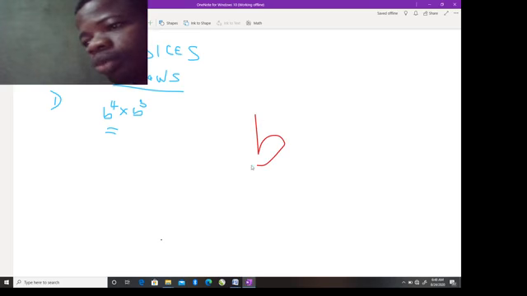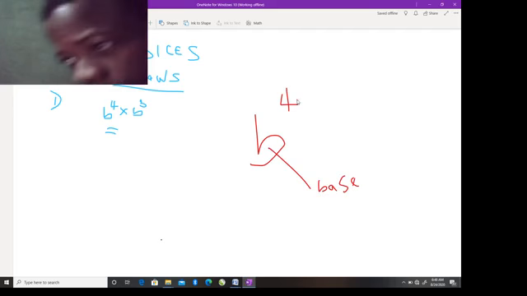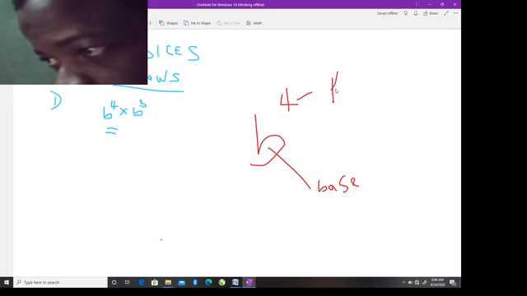In indices, you must be able to identify a base and a power. So this b is the base and this is the power.